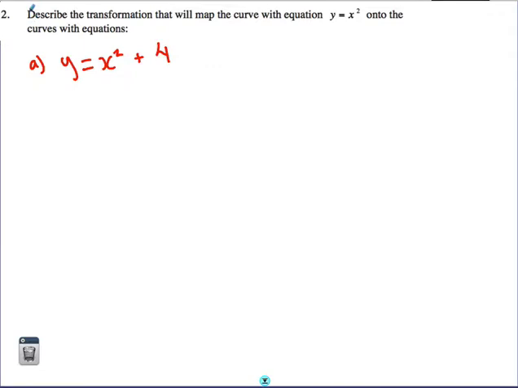It's asking us to describe, and the key word is transformation, with the equation y equals x squared. So we have our equation y equals x squared. Y equals x squared is this parabola. This plus 4 all it does is move the curve 4 spaces up.